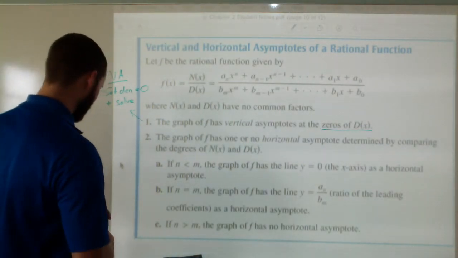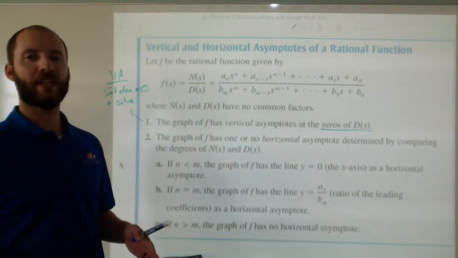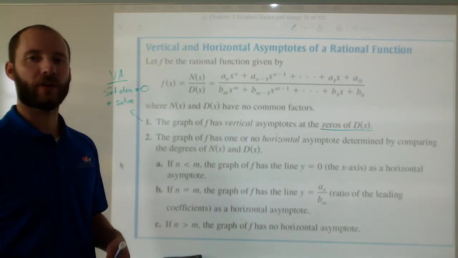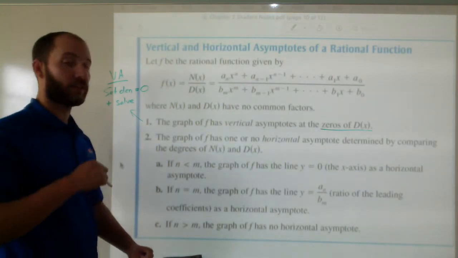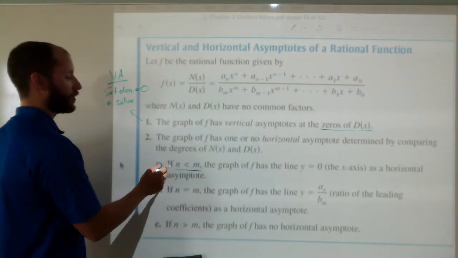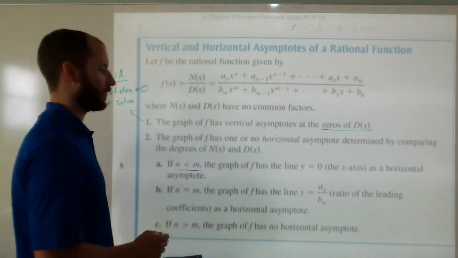The horizontal asymptotes, there are three cases. And it has to do with the degree of the numerator and the degree of the denominator, the largest power in the top and the bottom. There's three ways that can shake out. Either the degree of the numerator is less than the degree of the denominator.